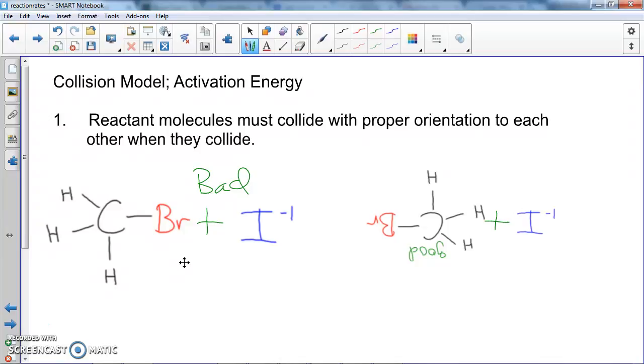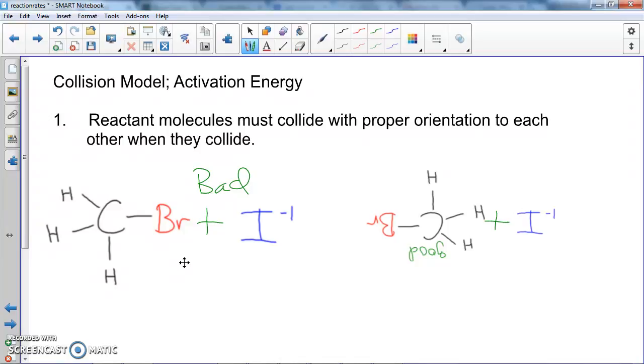So instead of the iodine ion trying to bond or collide with bromine, or take the place of bromine, it's much better for it to orient around. It would move around into a position where it can collide with a hydrogen atom, or hydrogen ion, excuse me. That is what I mean by orientation.